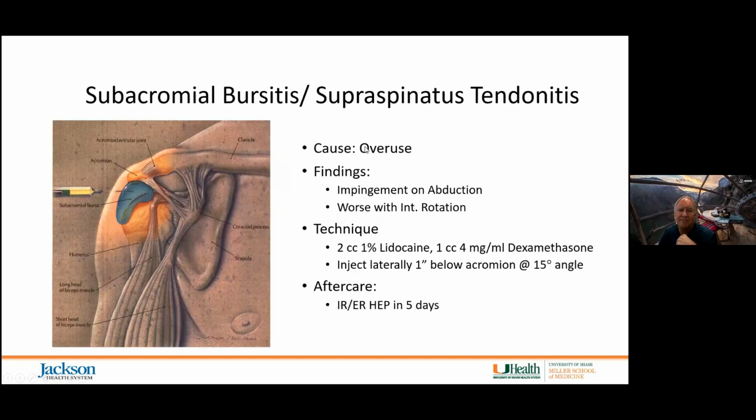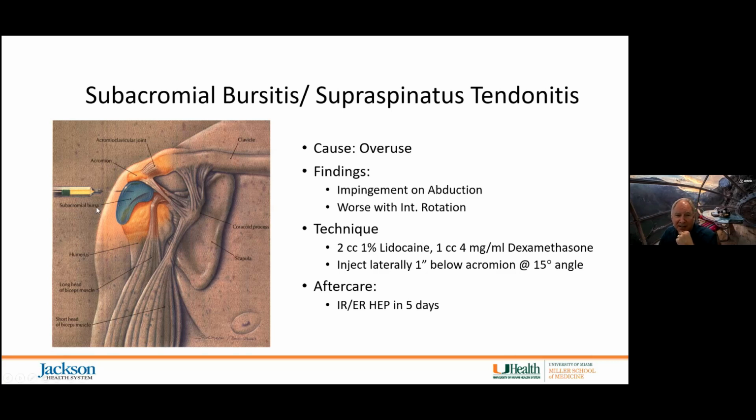So, pretty picture. It's not actually accurate in terms of how this needle is being put into the subacromial bursa here. Typically, I'm going to go posteriorly and then direct the needle slightly upward at about a 10 to 15 degree angle. This is really a fun injection to do, both for you as well as the patient, believe it or not, because of the relief that's typically associated with it.